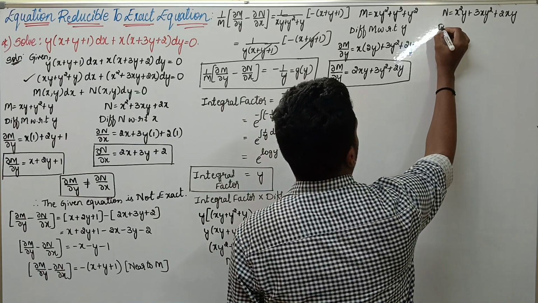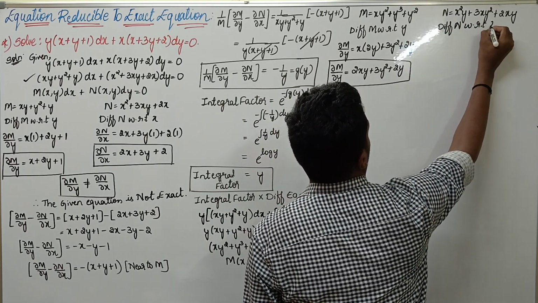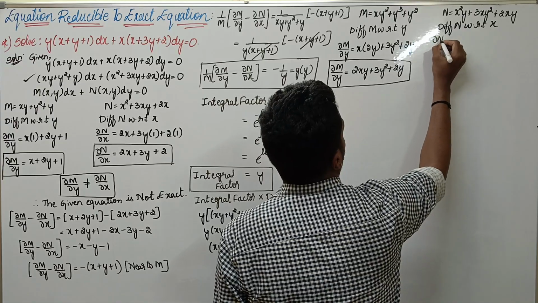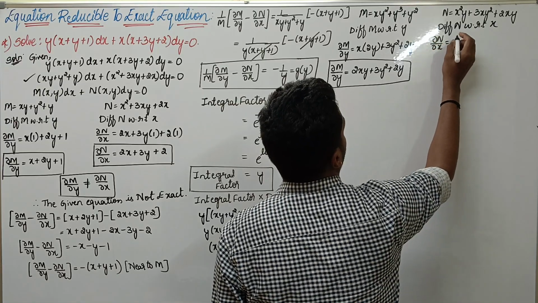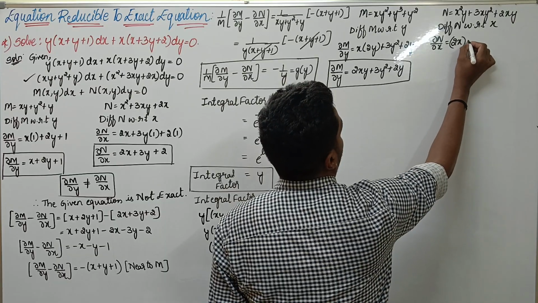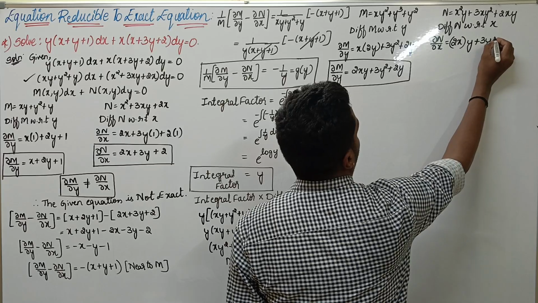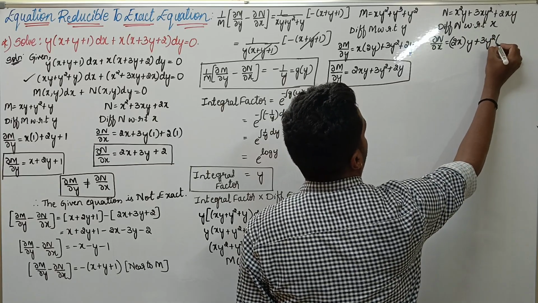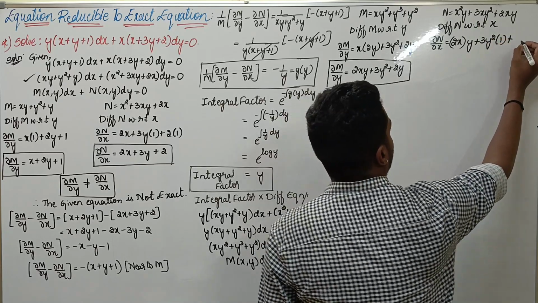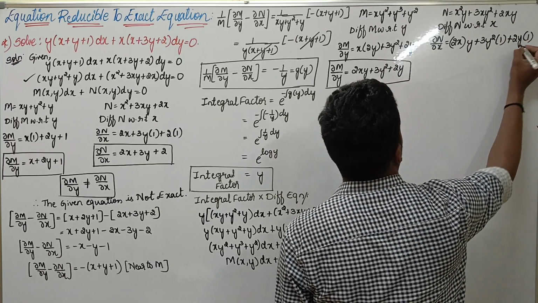Now, similarly, differentiate N with respect to x. ∂N/∂x is equal to differentiation of x², which is 2x, where y remains constant, giving 2xy, plus 3y² remains constant, differentiation of x is 1, plus 2y remains constant, differentiation of x with respect to x is 1.